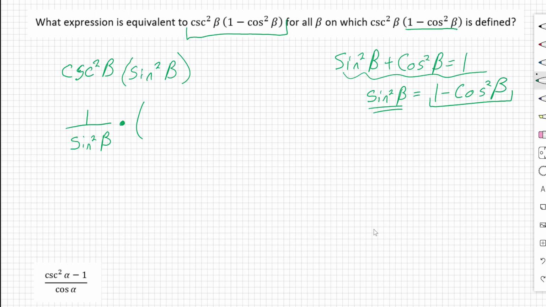And then when we multiply that, we get 1 over sine squared beta times sine squared beta. And we know anytime you multiply two reciprocals by each other, you get the number 1. So in this case, cosecant squared times 1 minus cosine squared, all of beta, is equal to 1.